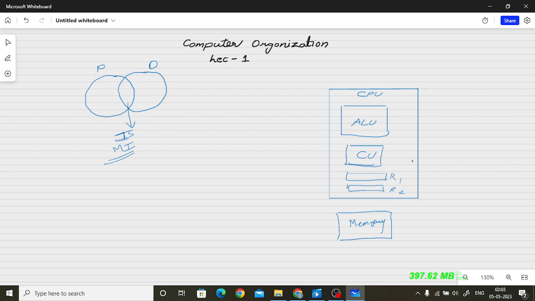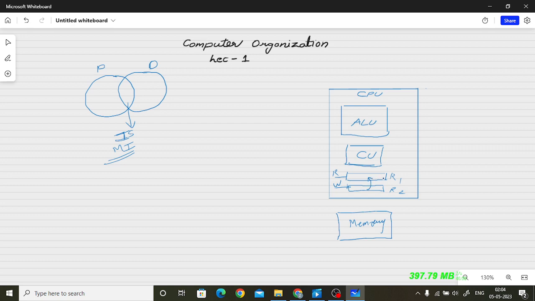So how does the data move from a memory to a register? The control unit is responsible for that. It gives the control signals to the registers. Suppose it gives the read signal to one register and the write signal to another register.